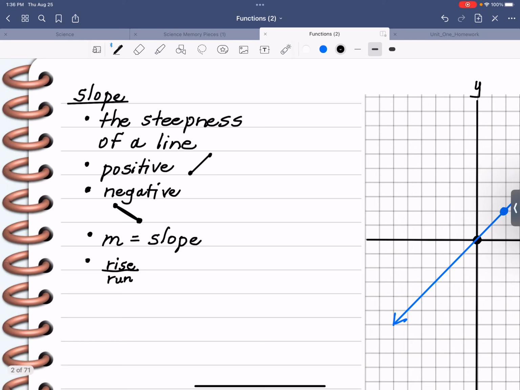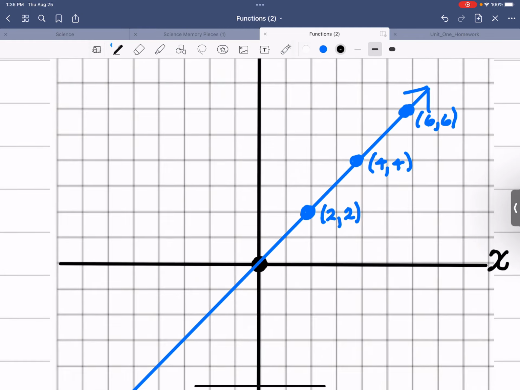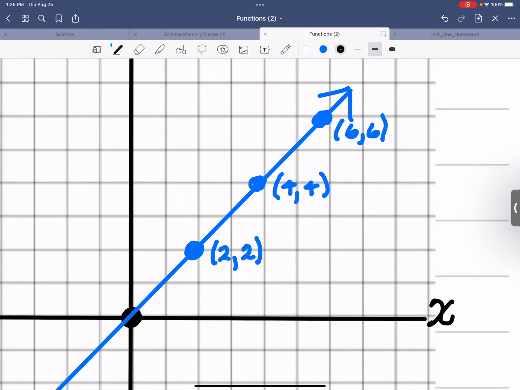Now remember, we said that y is vertical, y is tall, so you're going to put your y value over your x value that's running across. So rise over run will help you remember about slope. And you will hear me use that term a lot in the functions course. So let's see where that's coming from.